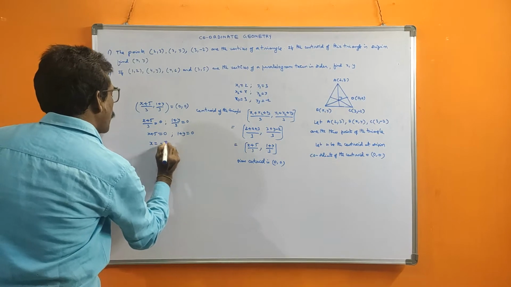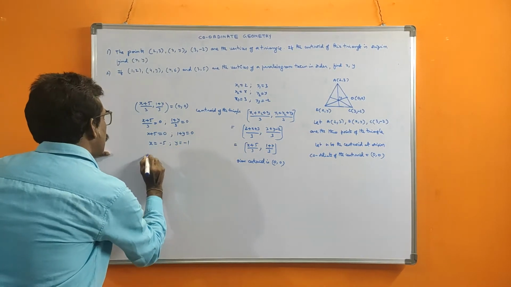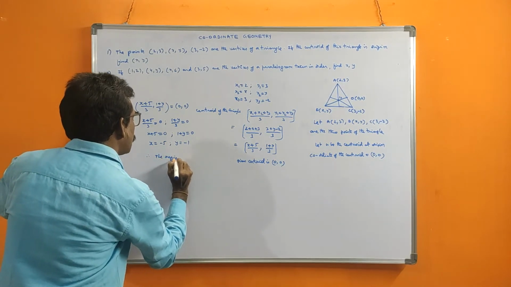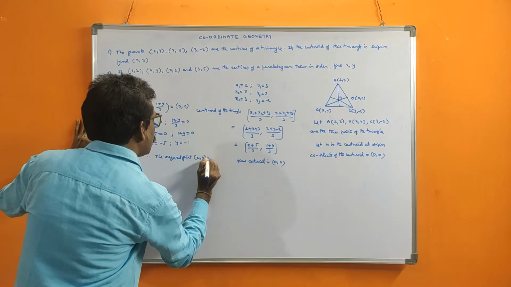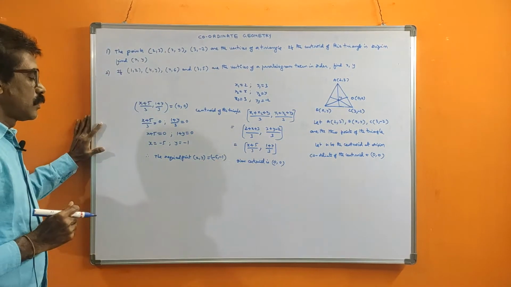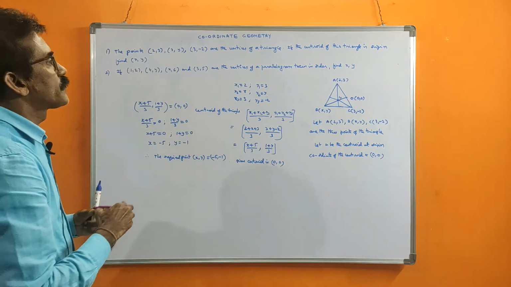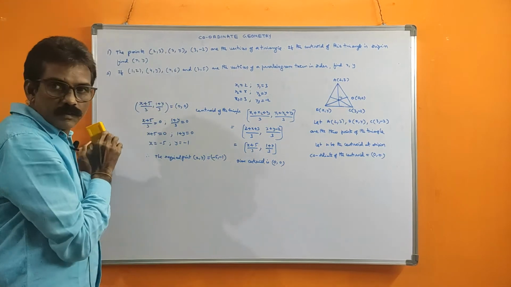So x is equal to -5, y is equal to -1. Therefore, the required point (x, y) is (-5, -1). That is the required answer. He asked for x comma y. Okay.